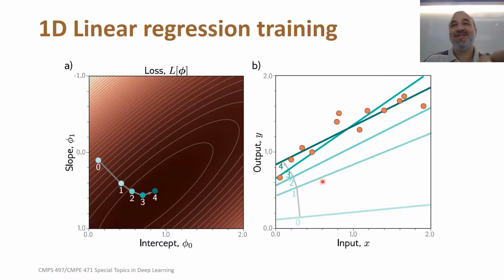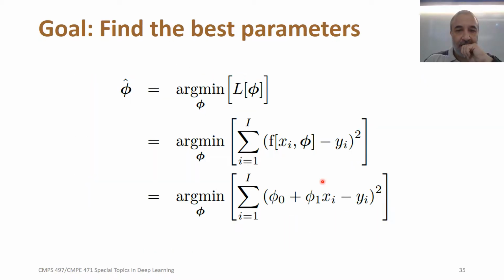This is a very simple example and a very simple problem. Usually, it's not that easy to find the global minimum. Again, this is the mathematical form. We try to find the minimum values of the parameters phi hat.